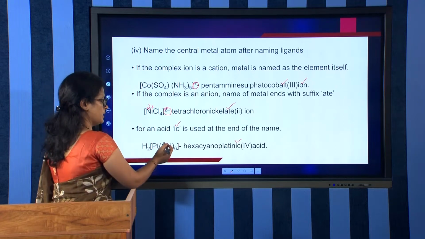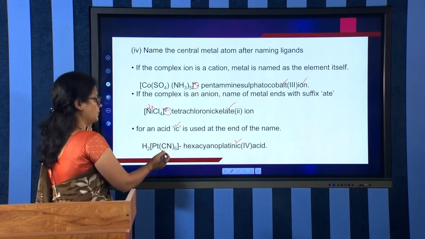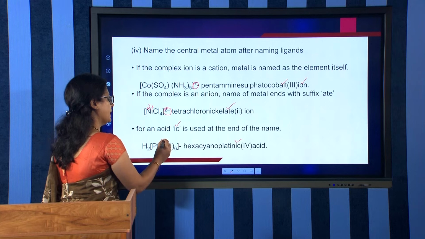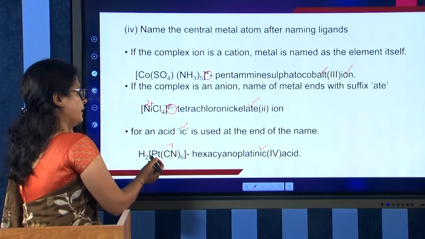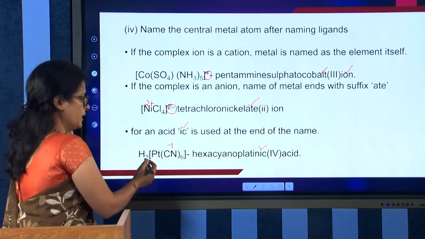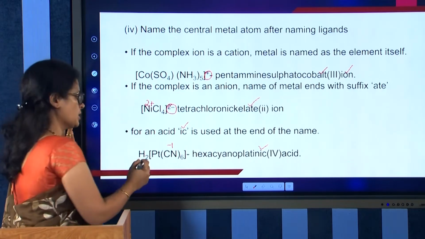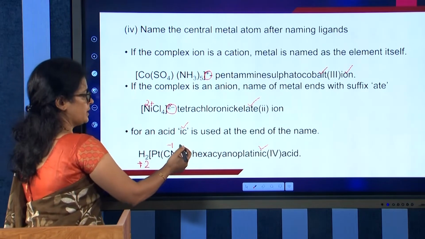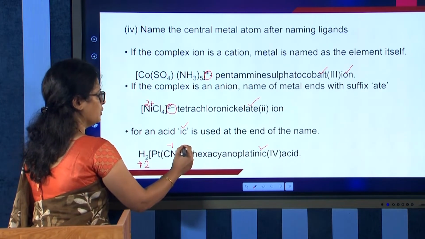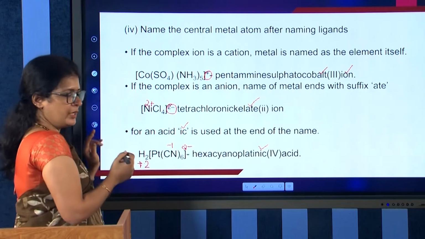For example, in this complex, the cyanide ligand has a charge of -1, so it is -6. And the hydrogen is outside, so hydrogen has a +1 charge, and altogether you have +2 charge for hydrogen. For stabilizing, you have to give a 2 minus charge to the coordination sphere.